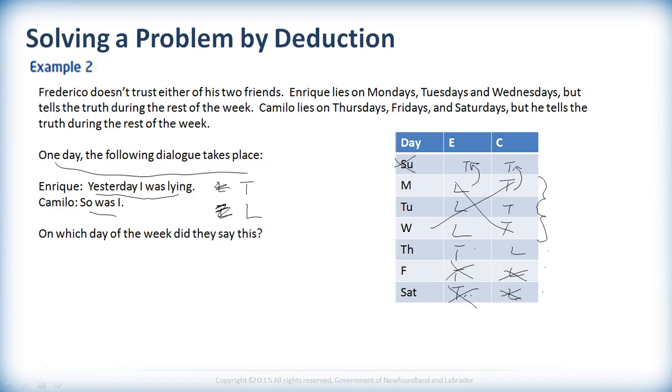On Thursday, if Enrique tells the truth, he says he was lying the previous day, which is Wednesday, which indeed he was. And if Camilo was lying, he says, yes, I was also lying yesterday. But if he's lying about that, then yesterday he should have been telling the truth, which is what he was doing on Wednesday. So the only way for this to work is if the current day is Thursday. Wow.